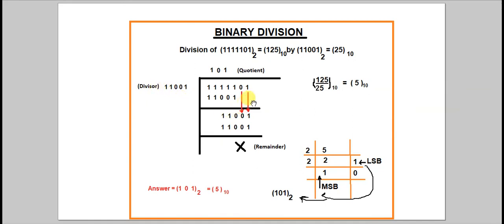It is just like how we divide in the decimal number system. The same method we apply. In the first step, when we divide by 1, we get 11001. Here when we subtract, 1 minus 1 is 0, 1 minus 0 is 1, 1 minus 0 is 1.